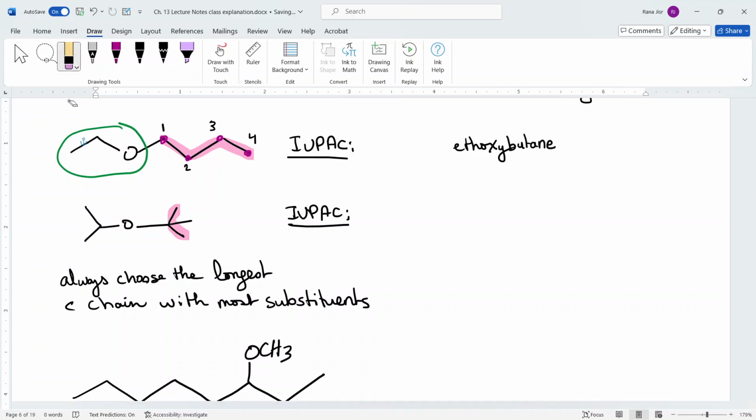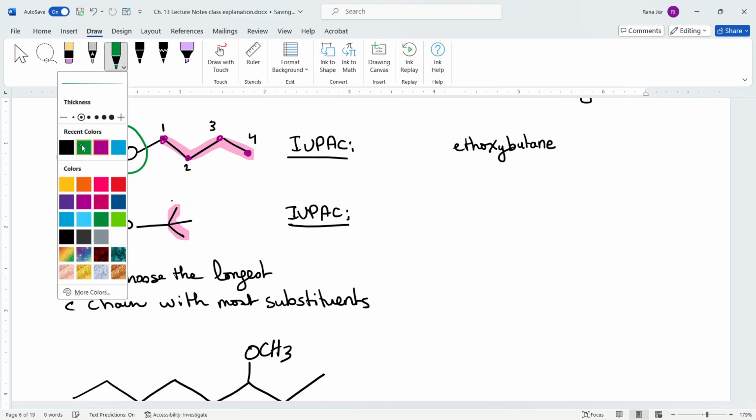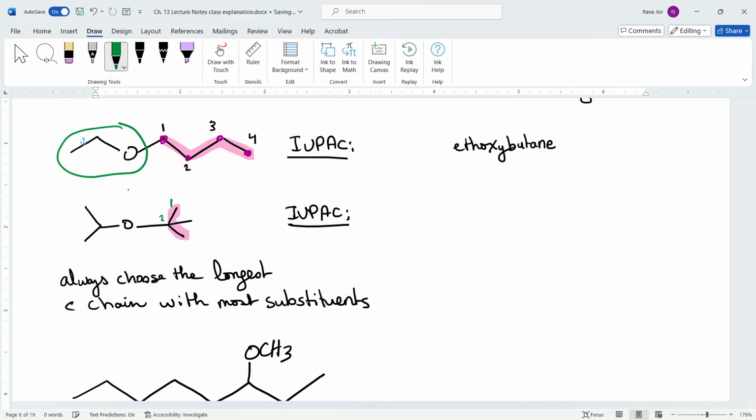On the other end, if I choose this longest carbon chain, which is still 3 carbons, I'm going to end up having 2 substituents. So always choose the longest carbon chain with the most substituents. This is always the rule. It was the rule for alkanes when we were naming alkanes as well, and we're going to keep it a rule every time we are naming organic compounds.